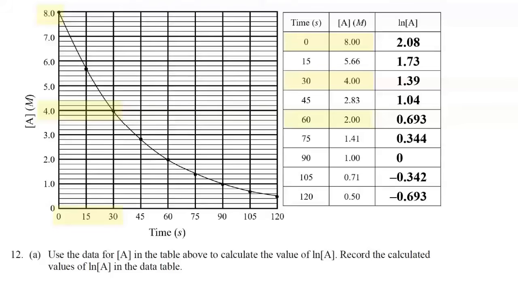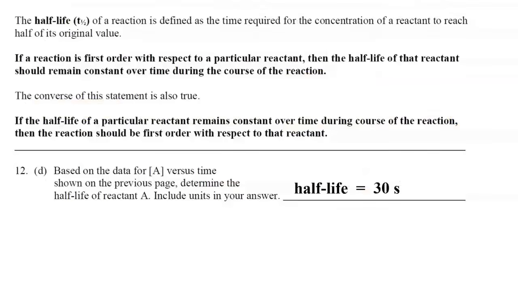It takes another 30 seconds to go from 2 to 1. It takes another 30 seconds to go from 1 to 0.5. So yes, the half-life is remaining constant over time, and the half-life is equal to 30 seconds. So that is our answer to part D.